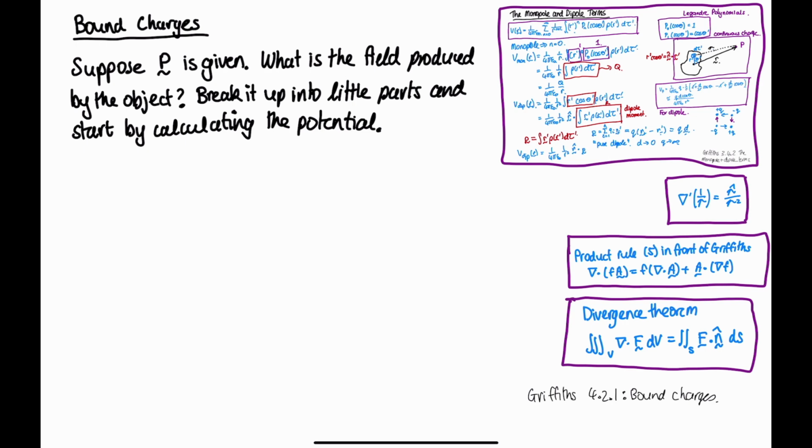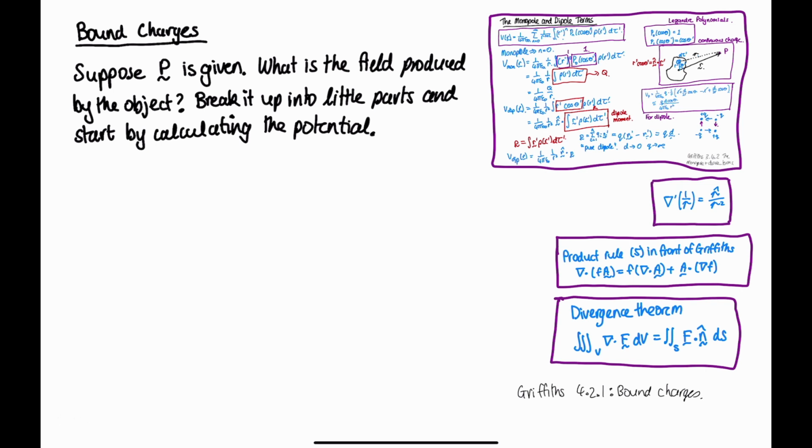We have done that before. This derivation is going to bring together a lot of different things that we've seen, so I'll be noting where we've seen them so that hopefully this will make a bit more sense to you. So you've seen previously how to calculate the potential for a dipole.